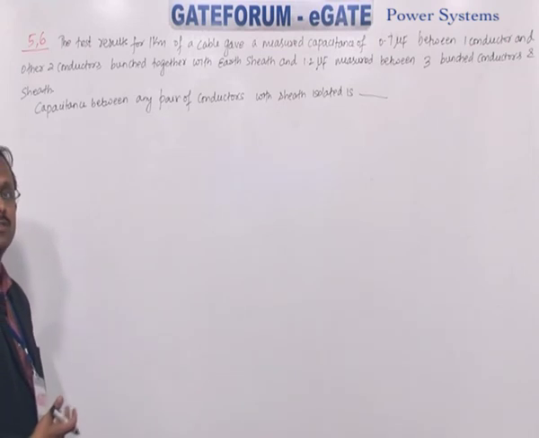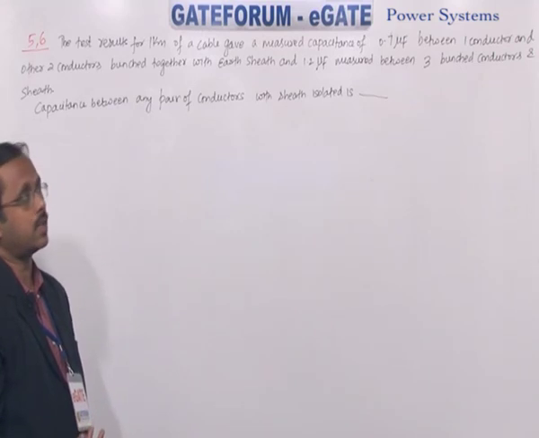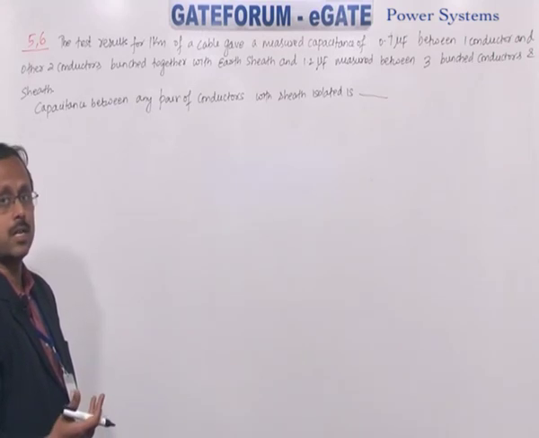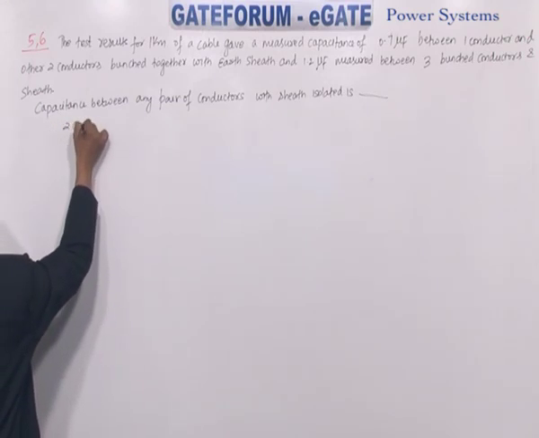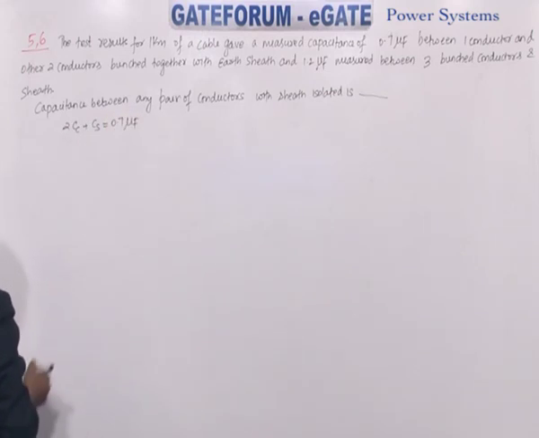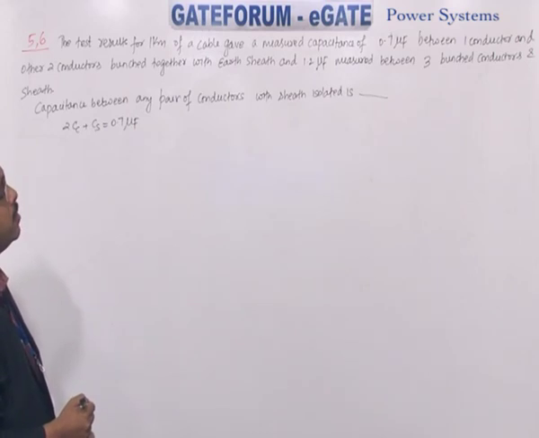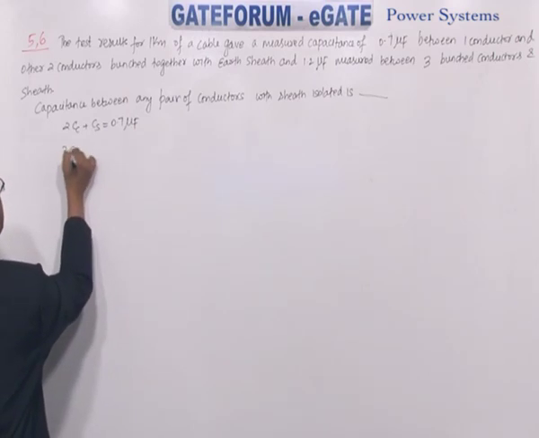Please refer condition 4. We have R phase, Y phase bunched together on the sheath, and we have measured with respect to B phase conductor. What is it? 2 Cc plus Cs is 0.7 microfarads. And 1.2 microfarads measured between three bunched conductors means 3 Cs.